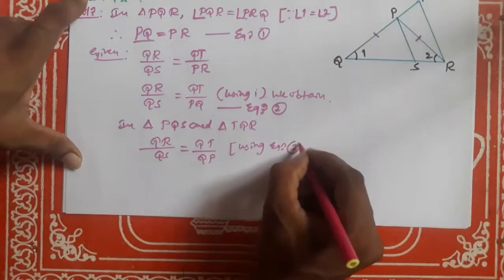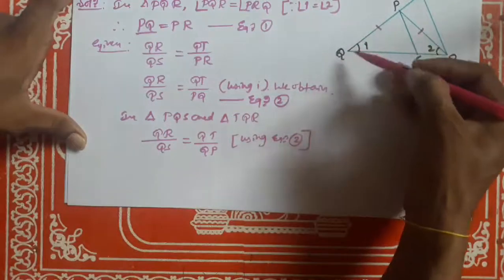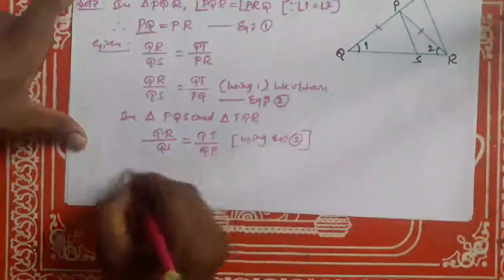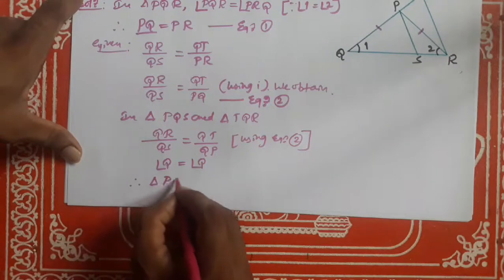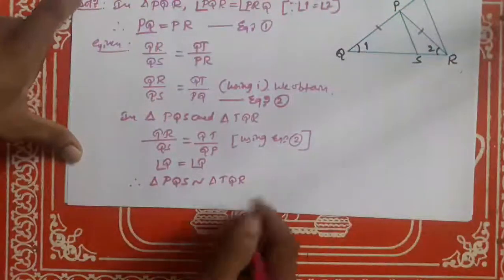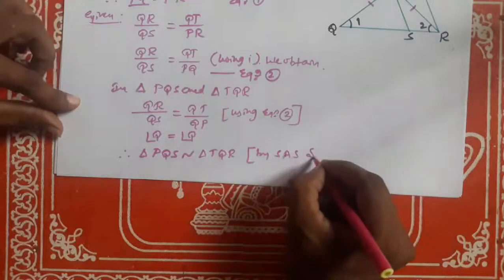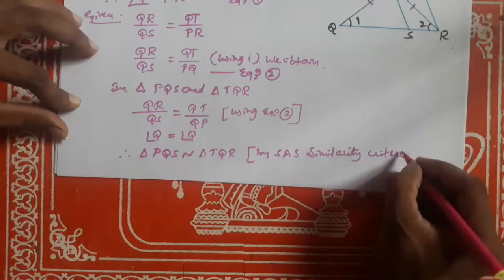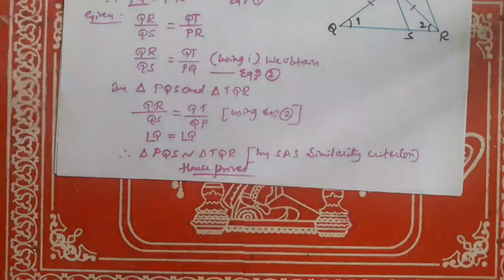And they have the same angle, that is angle Q is equal to angle Q. Therefore, triangle PQS is similar to triangle TQR by the side angle side similarity criterion. Hence proved. This is the answer.